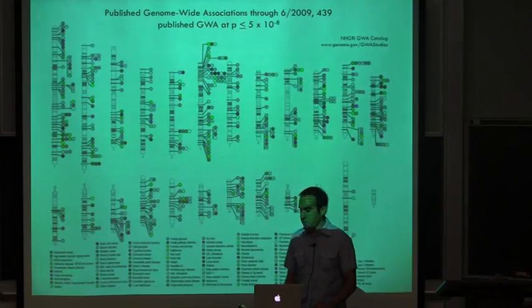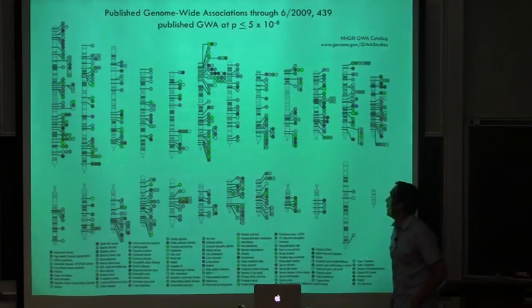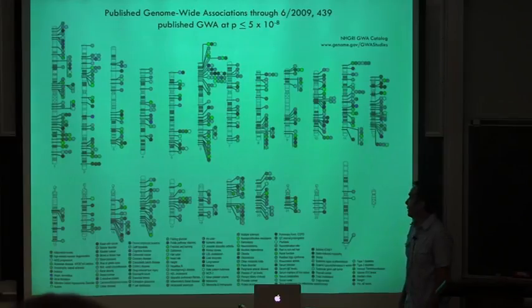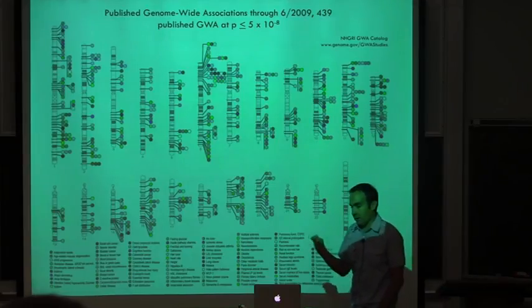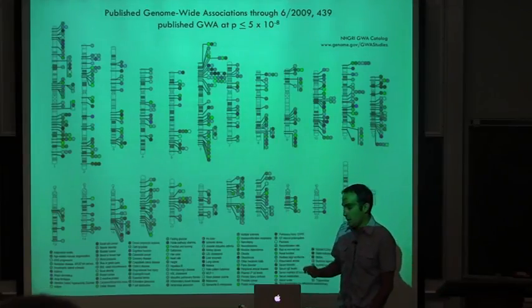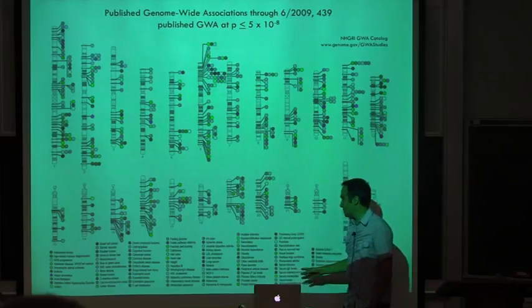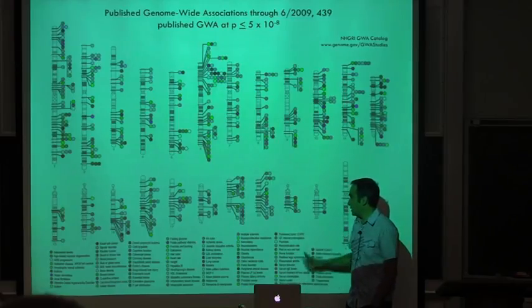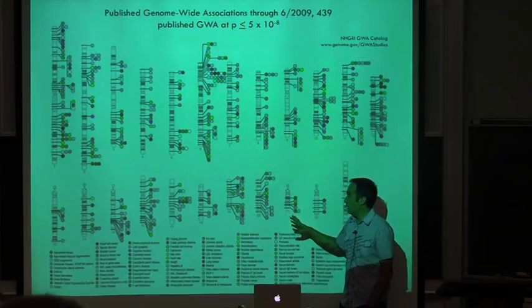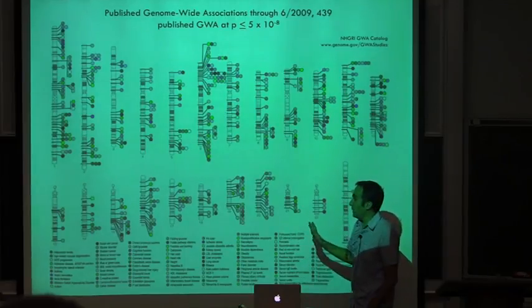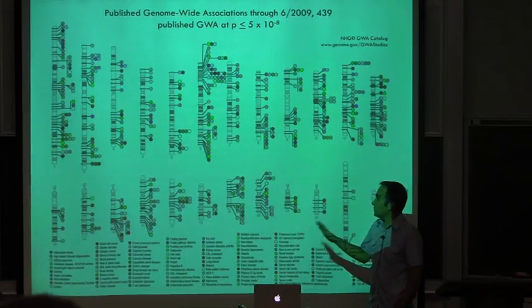Okay. So what did they find from this? So here's an example. This is a plot from 2009. These vertical lines are human chromosomes, and each of these circles is a location that's implicated in a disease. These are all the diseases, the legend is down here. In 2005 they had 50.